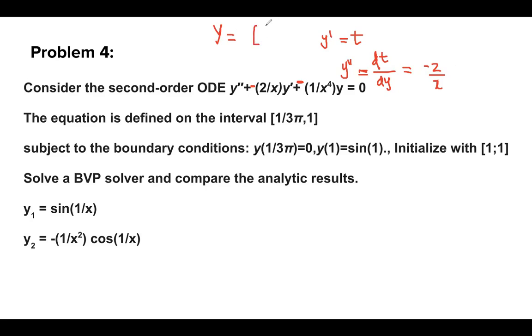If you have a main vector y, it will have two terms. The first variable I'm solving for is y, and the second is t, which is nothing but dy by dx. Sorry, it has to be x. Let me erase this.